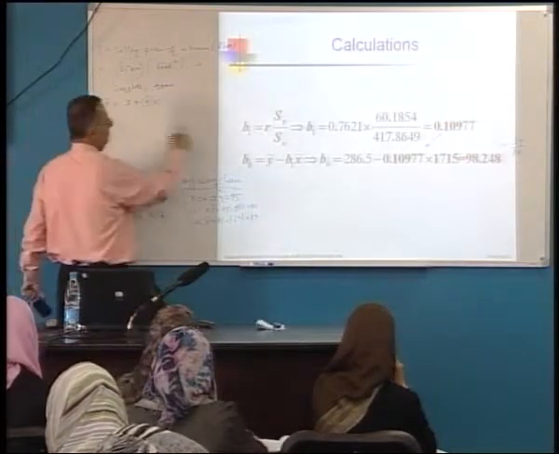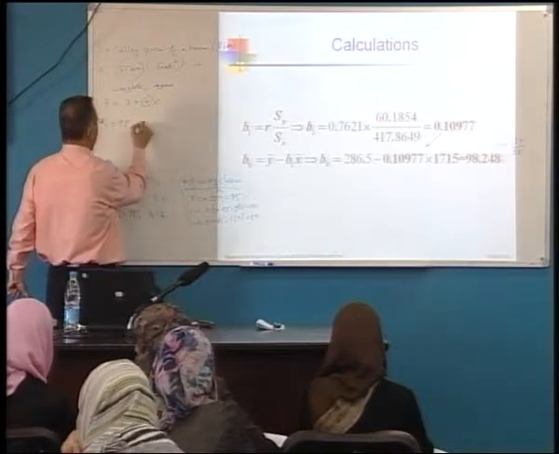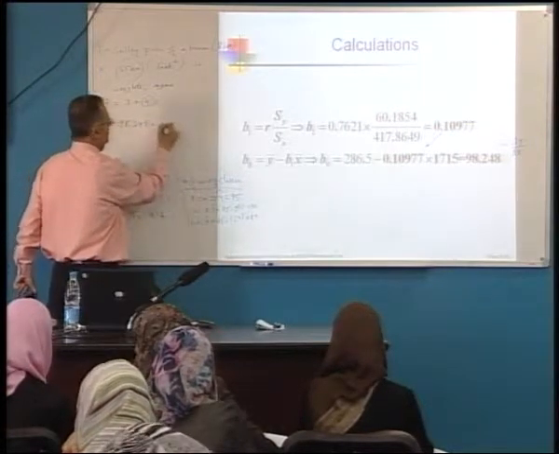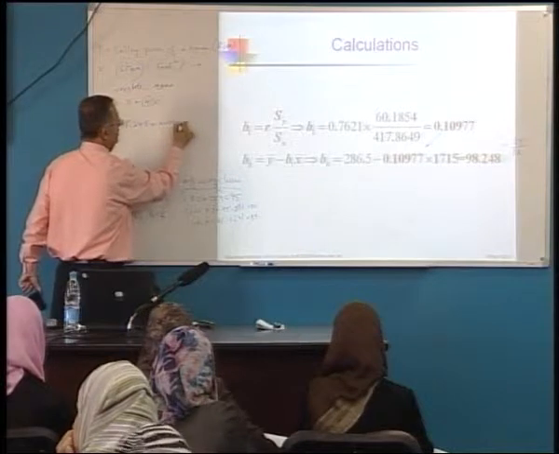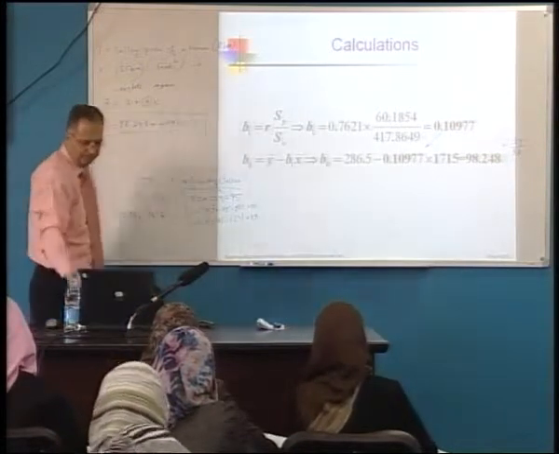B1 is 0.1, B0 is 98, so 98.248 plus B1 times x. So this is your regression equation.